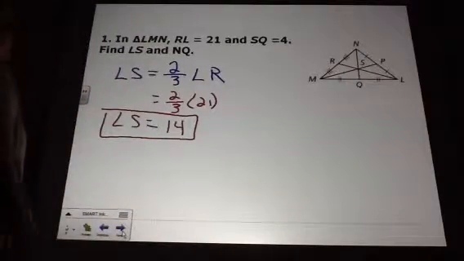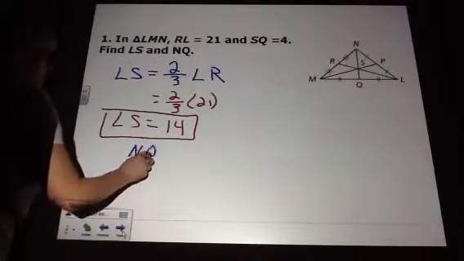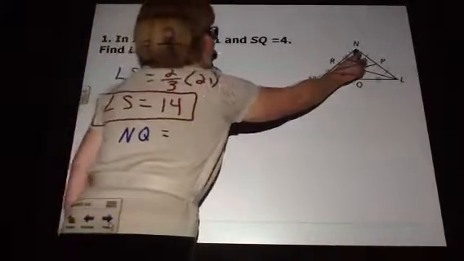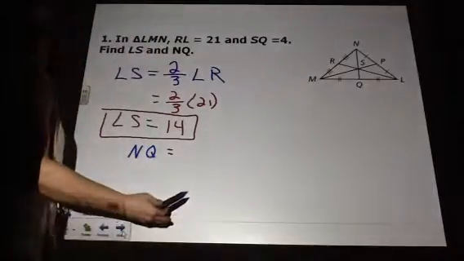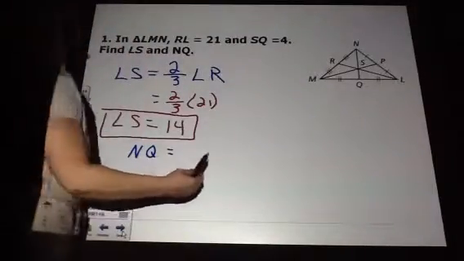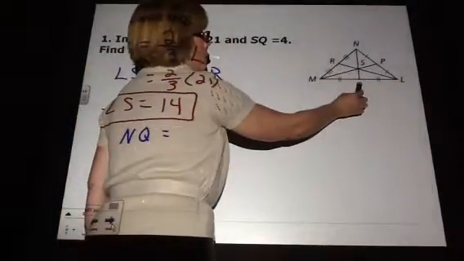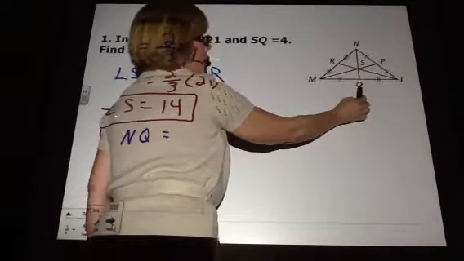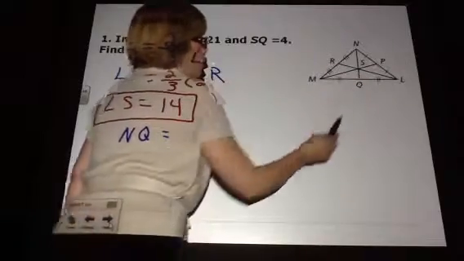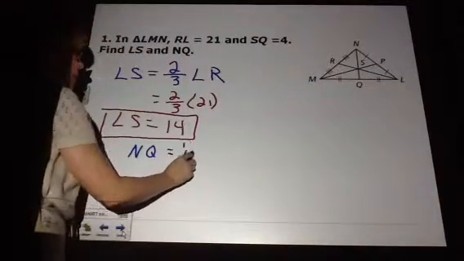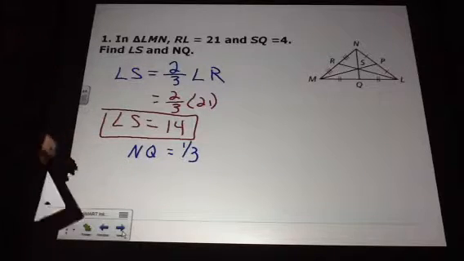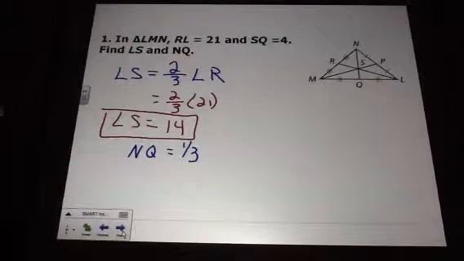And then let's look at NQ. Well, NQ is the median, okay? Well, it's given us SQ. Well, we know that NS is 2/3 of NQ. So SQ would be 1/3 of NQ.